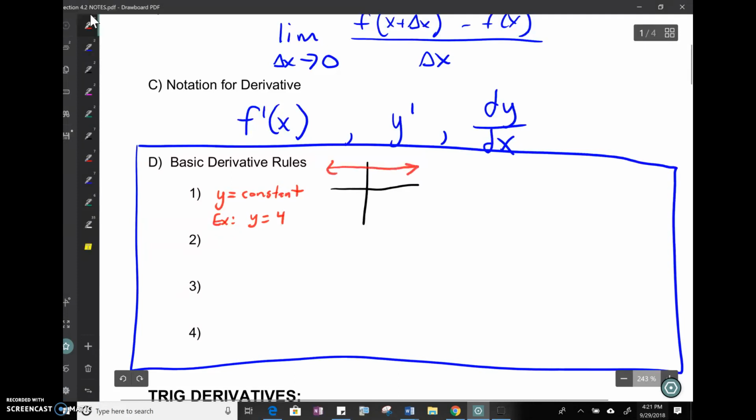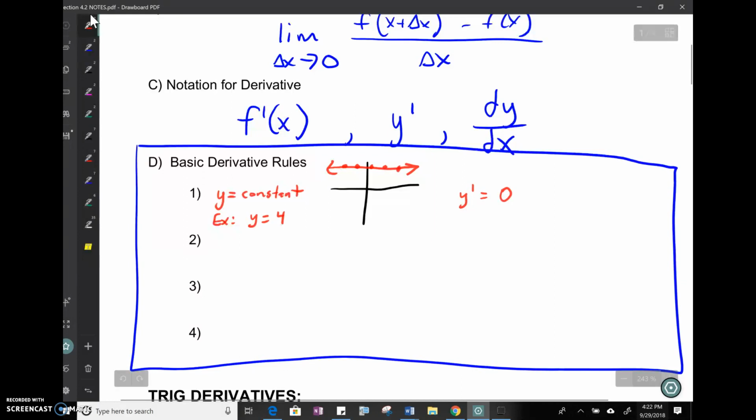A horizontal line. Well, what's the slope at all those points? The slope at every single one of those points is 0, and thus our first rule is anytime you have y equals a constant, the derivative is always 0. That's rule number 1. The derivative of a constant is 0. Say that in your head 6 times and then move on.